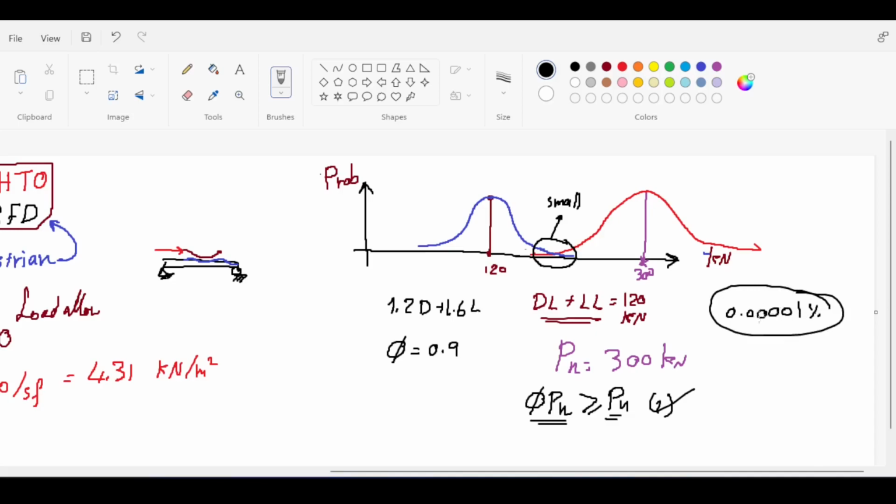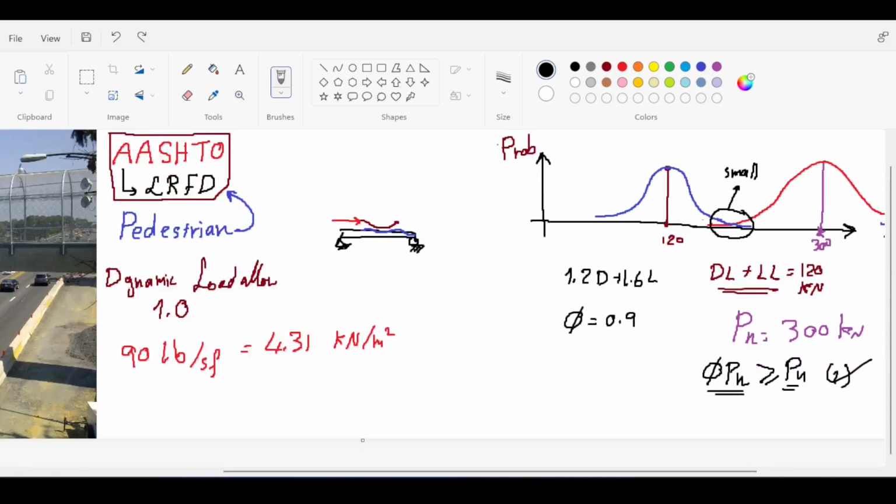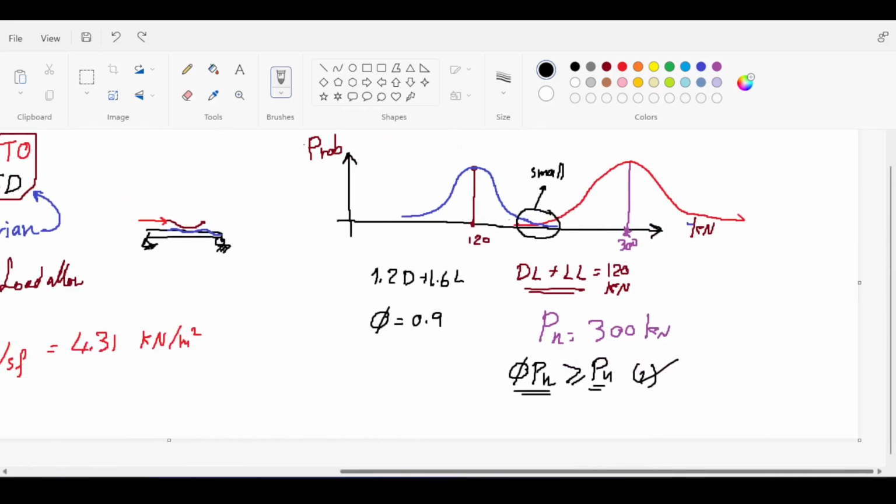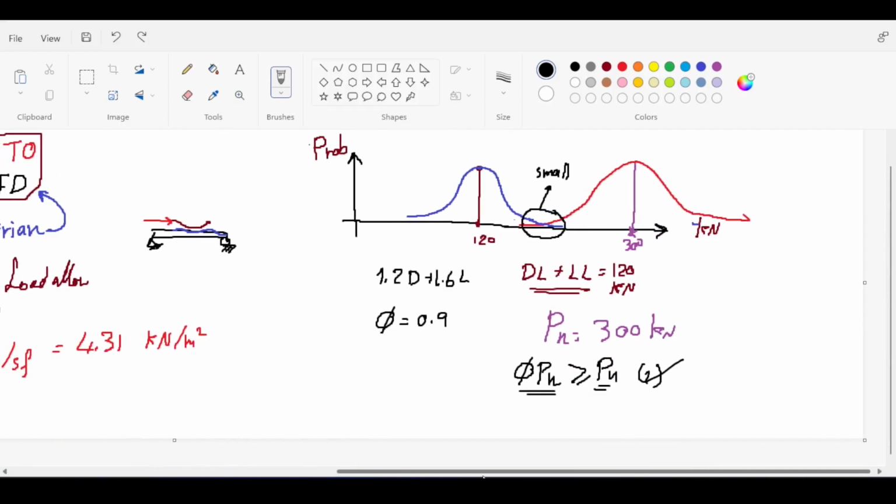But you cannot do more than this, because theoretically speaking, there is no foolproof structure. I just wanted to go on this tangent because we were talking about live loads and dead loads, to talk about what it means to multiply by safety factors and load factors.